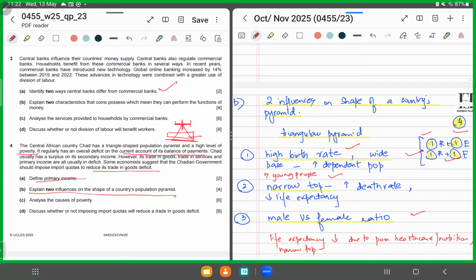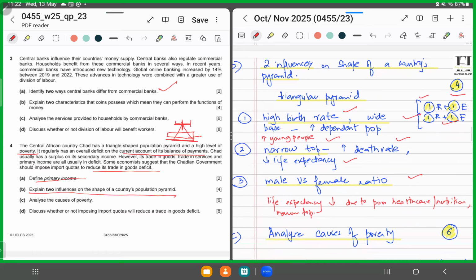So you could say that since Chad has a high birth rate, it has a wide base, with a large dependent population and a high number of young people. Or it has a narrow top, which means it has a high death rate, and since its life expectancy is low, there are fewer elderly, that's why it's narrow at the top.